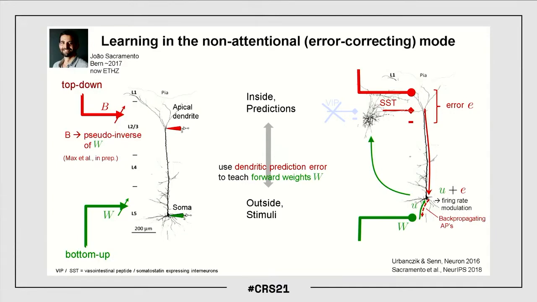And then they simply have to grab that error and do this error-correcting learning rule, pre times post. Post is now this difference between the whole firing rate minus its own contribution. And this is a couple of papers where we laid out that theory.